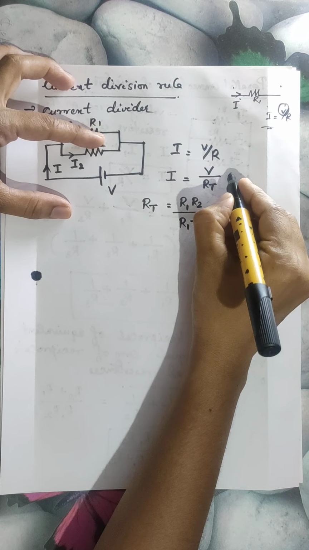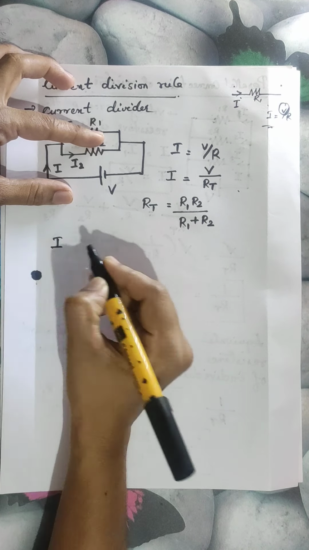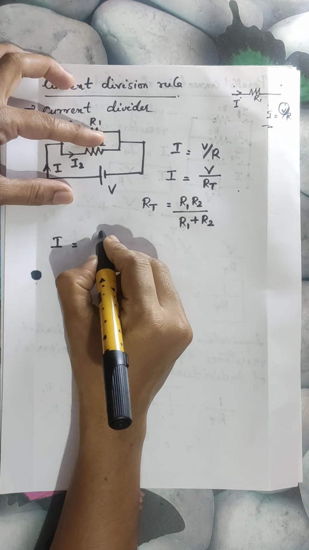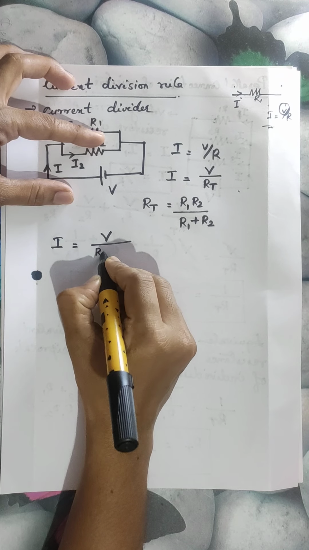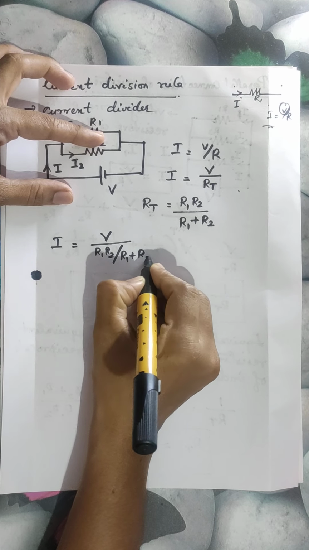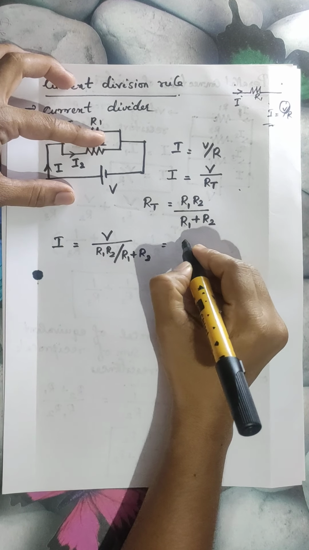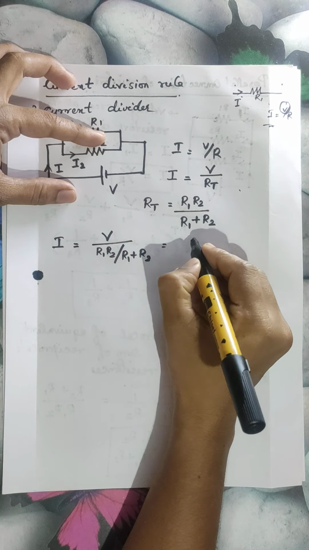So we can write this I, substituting the value of RT, as V divided by R1 R2 divided by R1 plus R2, which becomes V into R1 plus R2 divided by R1 into R2.